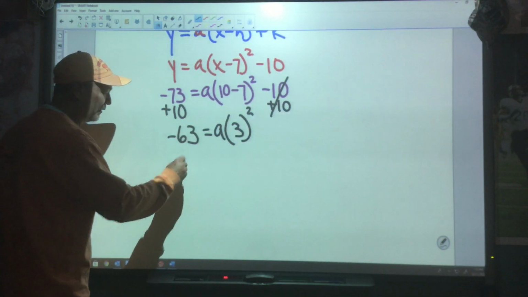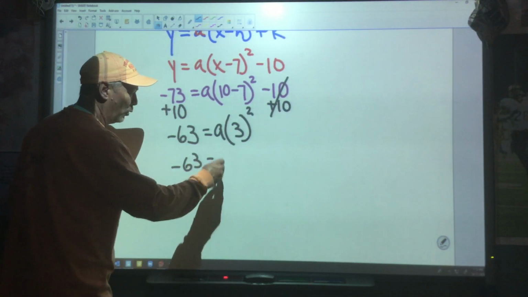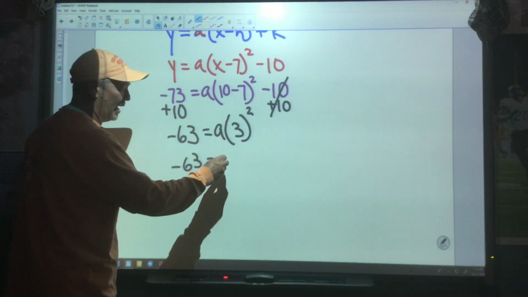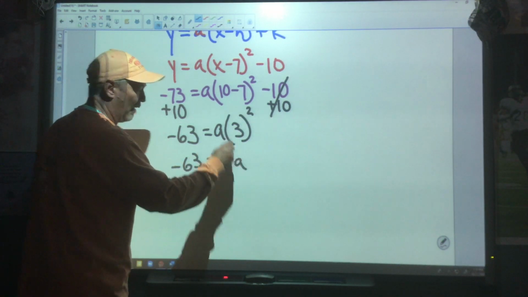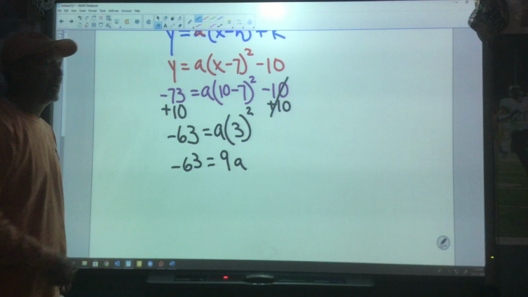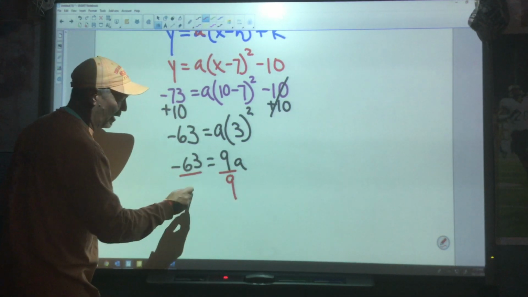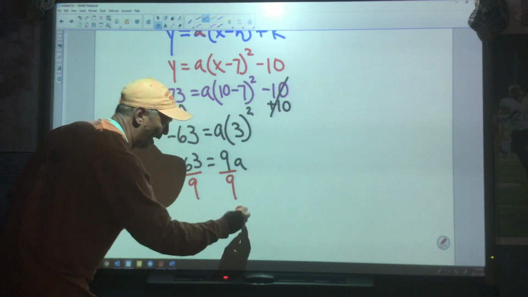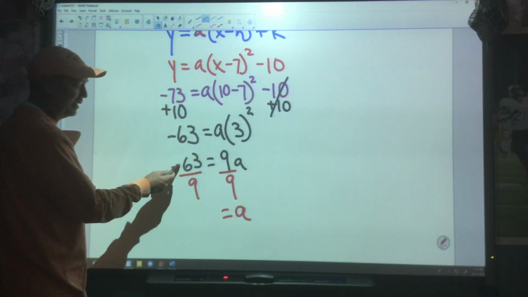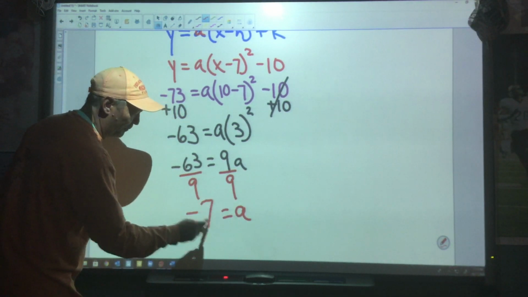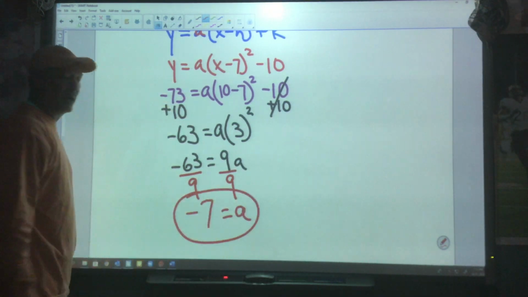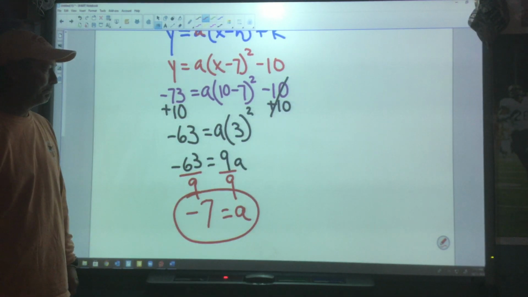So I have negative 63 equals 9a. I need to move the 9 to the other side. We're going to divide by 9, and you're going to tell me that my a value equals what? Negative 7. There is my a value right there.